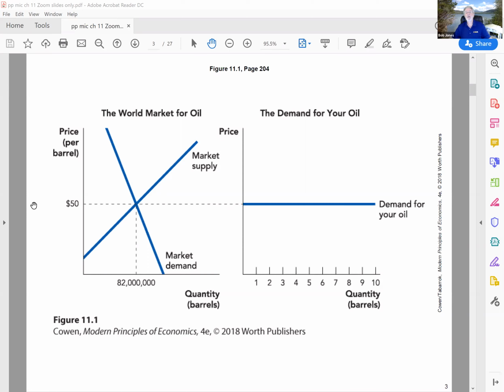Anybody know what the price of oil is today? I haven't looked. I've been busy, haven't looked the last couple of days. The last time I did look, it was around $22. So that's, as we said, prices communicate information.